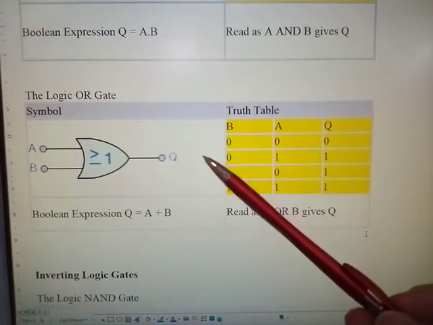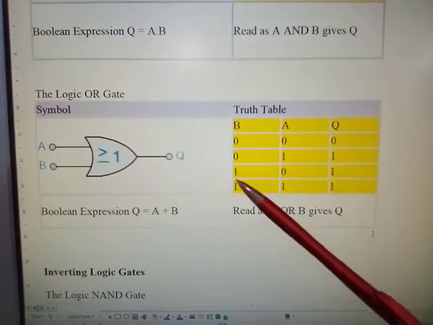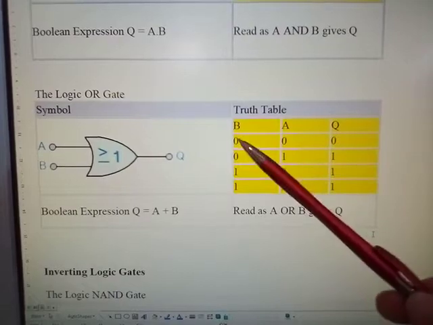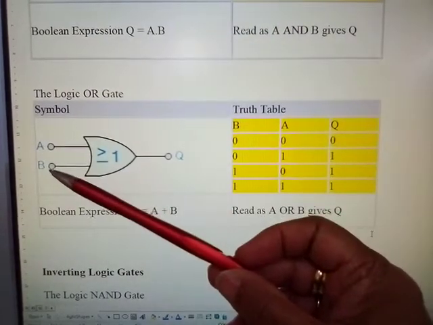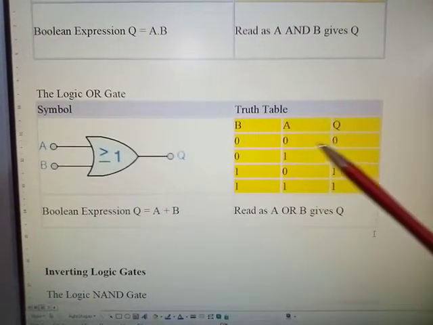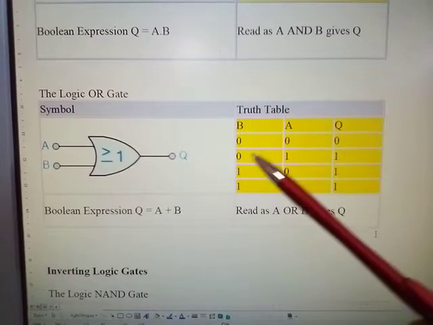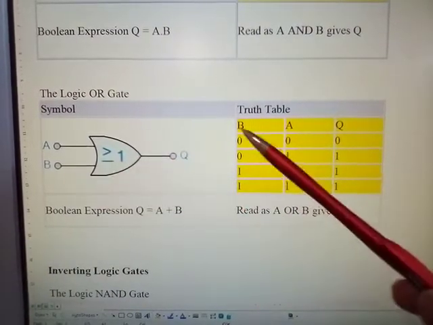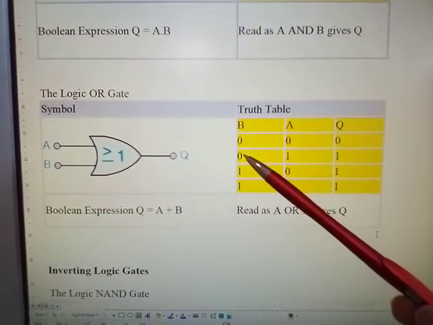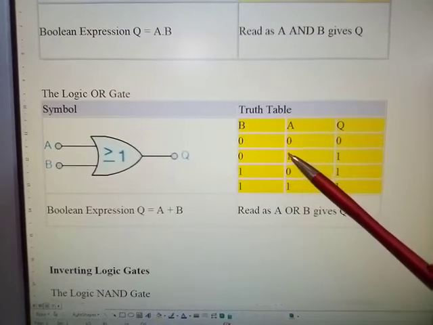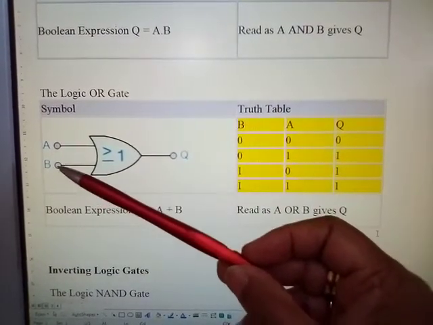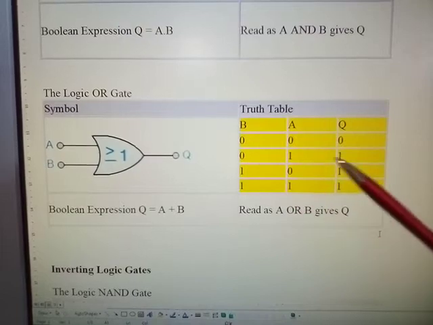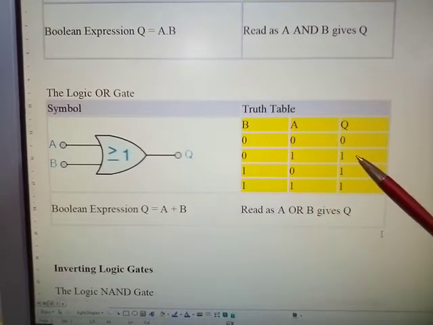Now, what state must exist in order to get a logic output of 1? You see that if A and B are at 0, you get a 0 output. But if A has a logic 1 and B has a logic 0, you will get a logic 1 output.